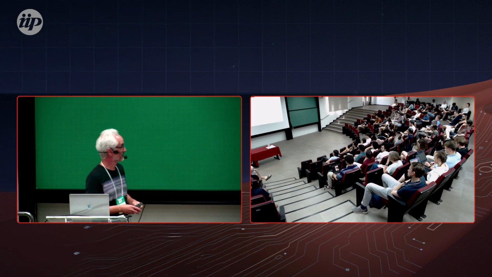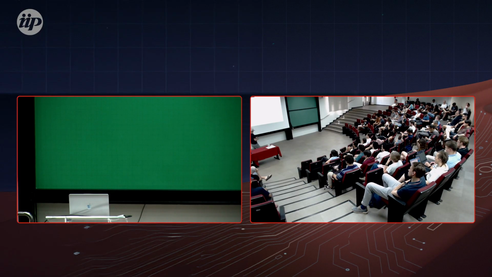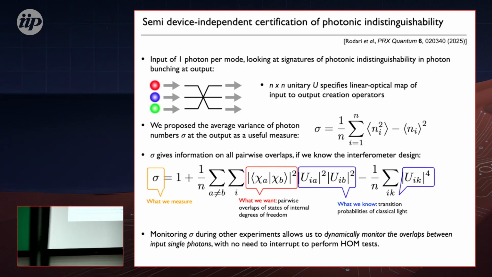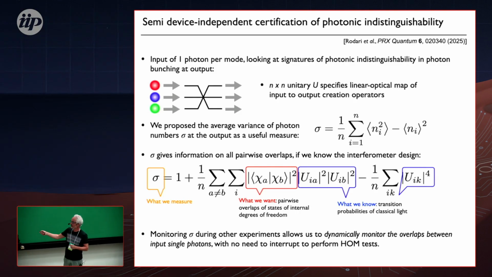Now it is. So this is the second thing I wanted to tell you about, photonic indistinguishability, okay? So now we're trying to characterize photonic indistinguishability of the input state by looking at this quantity, which is just the variance in photon number at the output. So we're calculating not the average photon number, but the variance of the photons here, here, and here, and taking an average, okay?